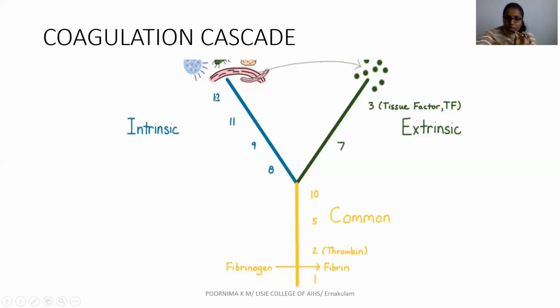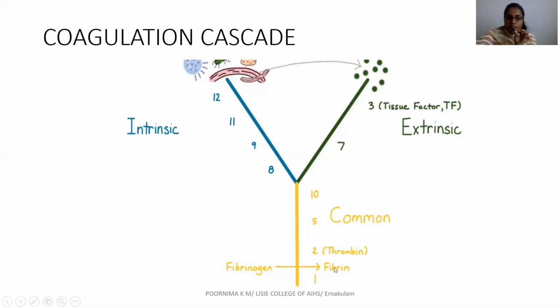The activated factor 12 causes activation of inactive 11 to active 11. The activated 11, in presence of calcium, causes activation of 9. The activated 9, in presence of activated 8, causes activation of factor 10. The activated 10 causes activation of factor 2 in presence of factor 5 and calcium. The activated factor 2 converts the inactive form of factor 1 to the active form of factor 1.